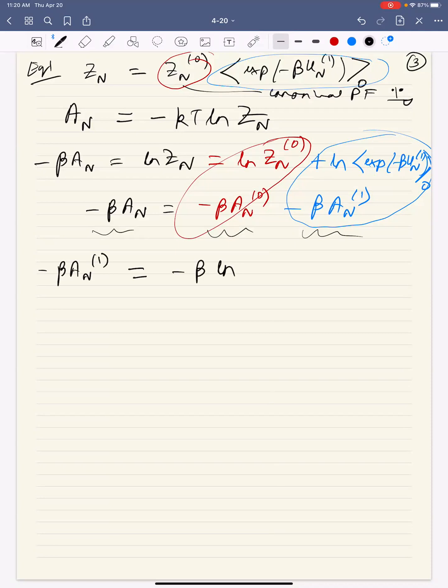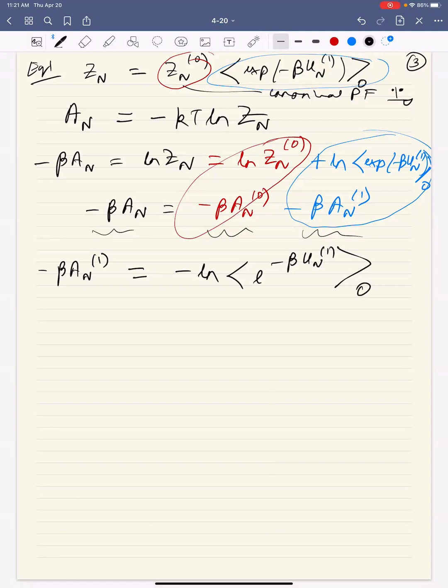No, it's not minus beta ln. I was correct. Why were you confusing me? Minus ln of e to the power minus beta Un1,0, because the left hand side is dimensionless, so the right hand side also has to be dimensionless, right? So this is what we want to calculate.